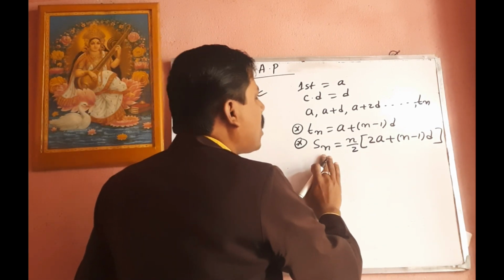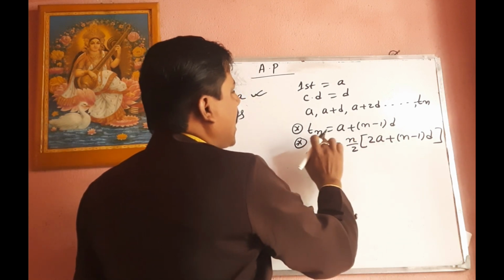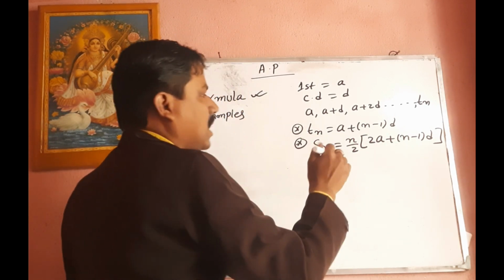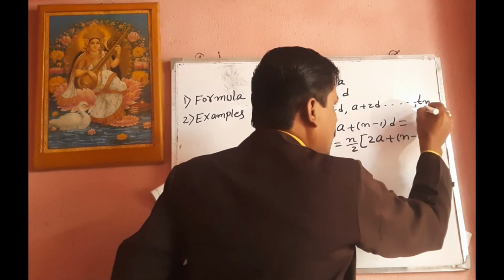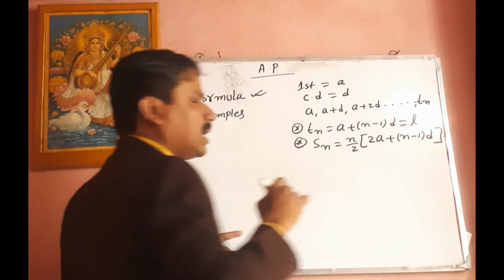So this is the formula of the sum of n terms, and this is the formula for the last term, and sometimes Tn is called l, the last term.